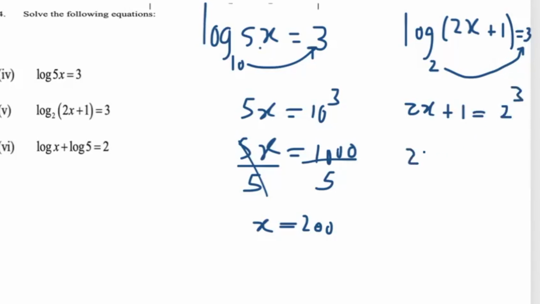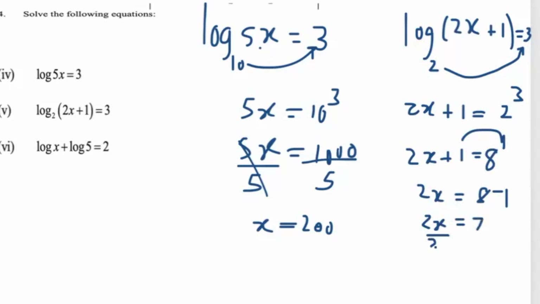So we have x plus 1 equal 2 cubed, which is 8. Then we carry this one over. So we have x equal 8 take away 1. And 8 take away 1 is 7. So x is equal to 7.